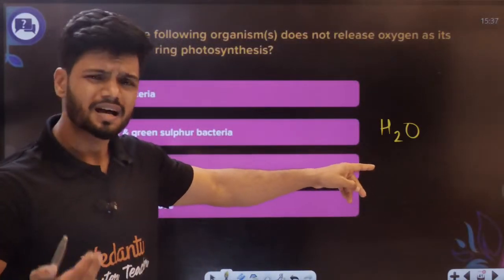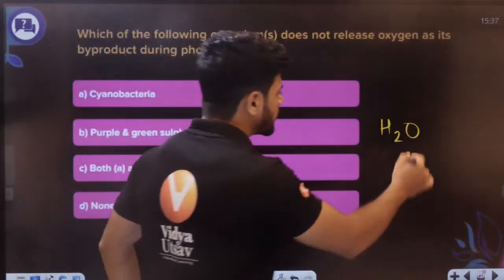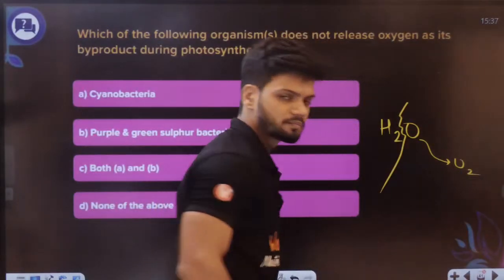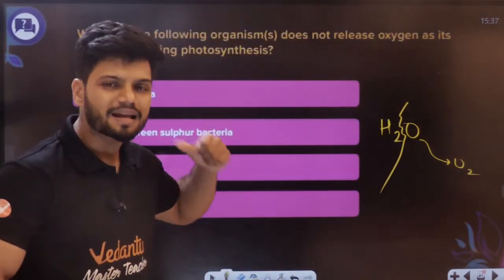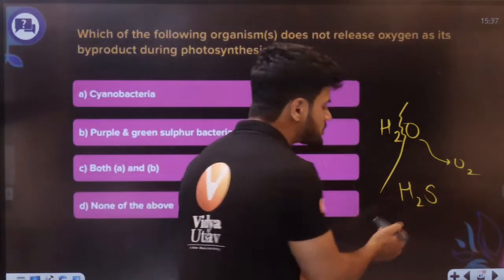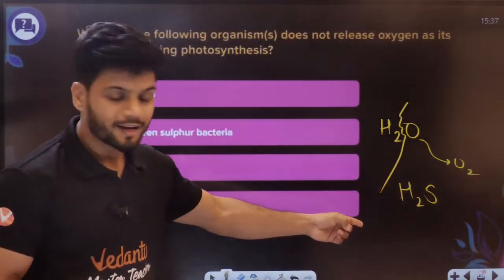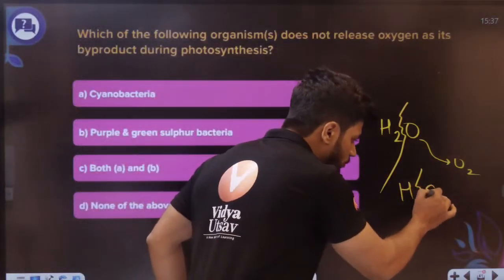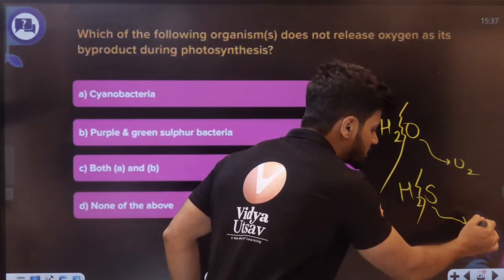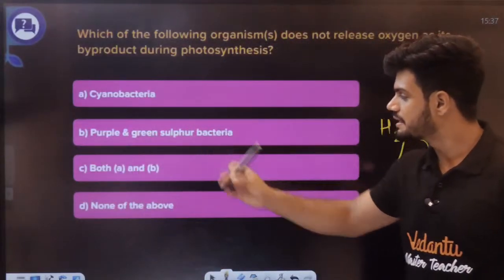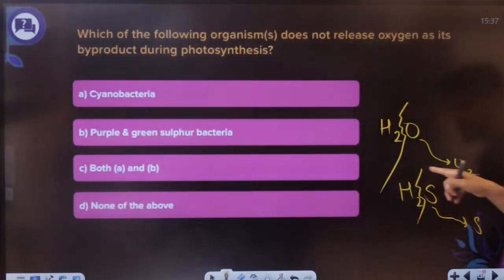When water undergoes splitting, oxygen is released. But in these organisms, H2S is used as a hydrogen donor. When H2S is broken, sulfur is released. And the answer is obviously purple and green sulfur bacteria, where H2S is the hydrogen donor.